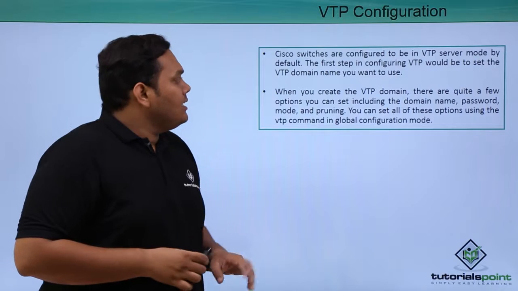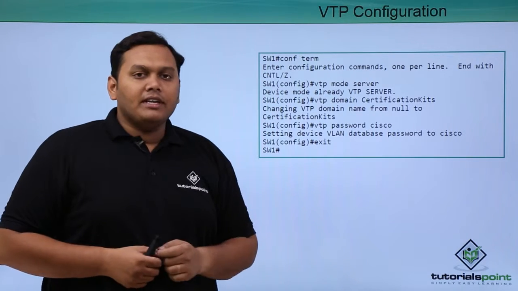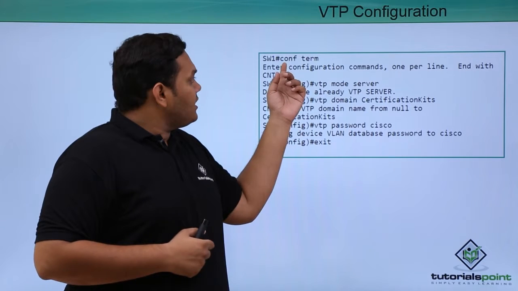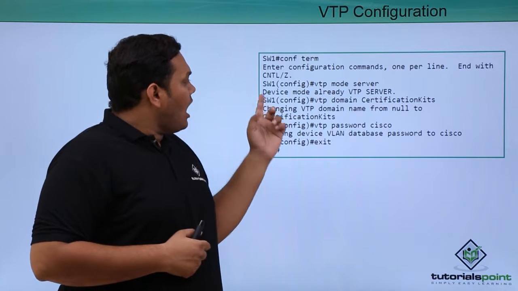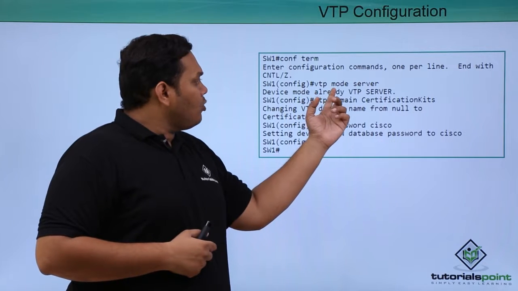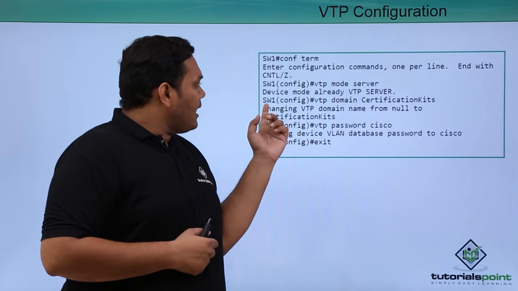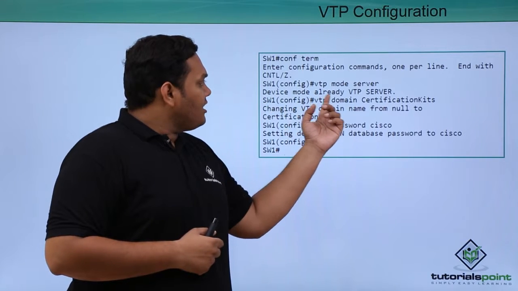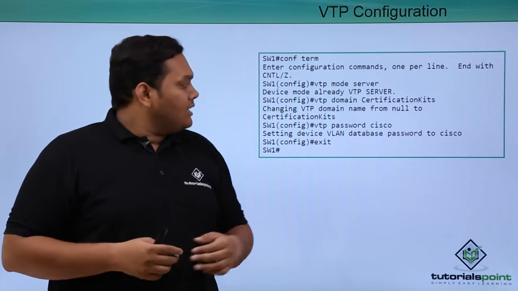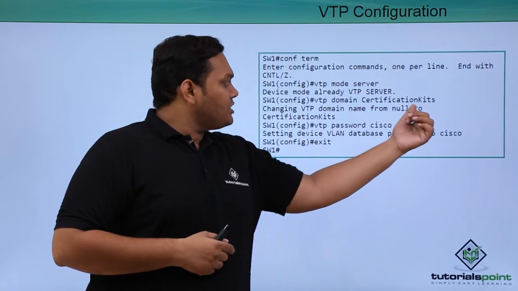So, we will see the actual configuration here. On switch 1 we are configuring this VTP, so we have to enter into the configuration terminal mode. After entering into the configuration terminal mode, we enter VTP mode as server mode here. It is already in server mode by default. Then we have to enter the VTP domain name as certification kits.